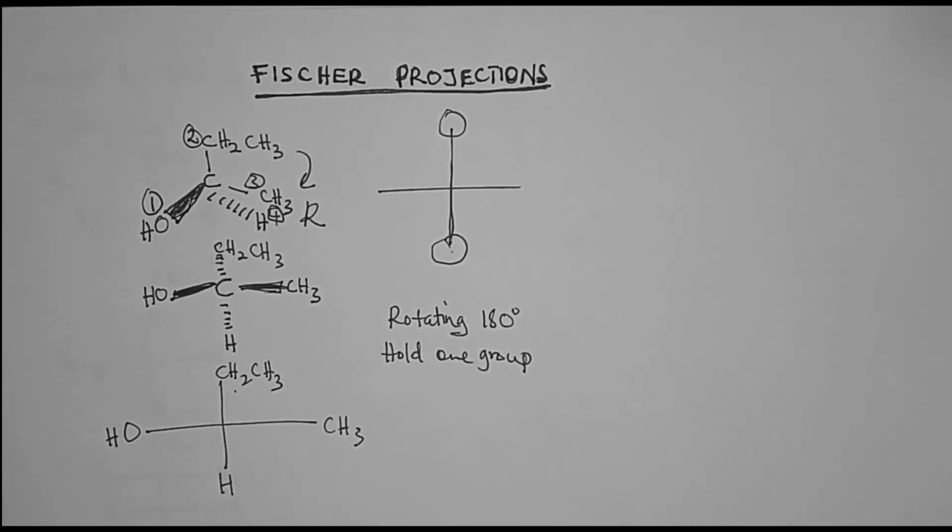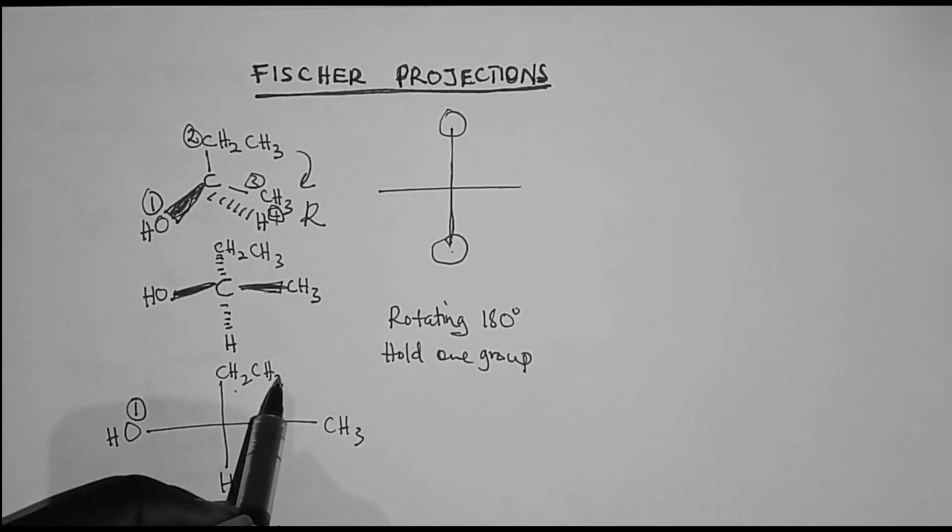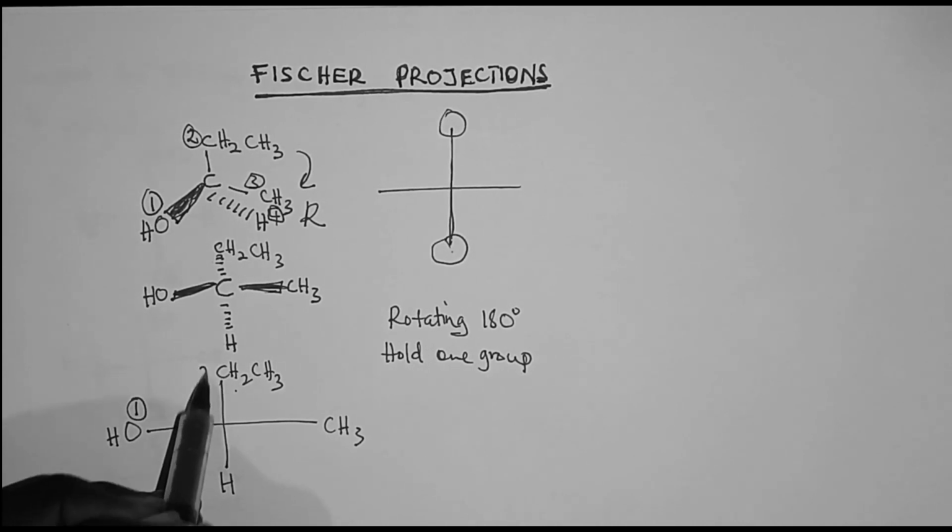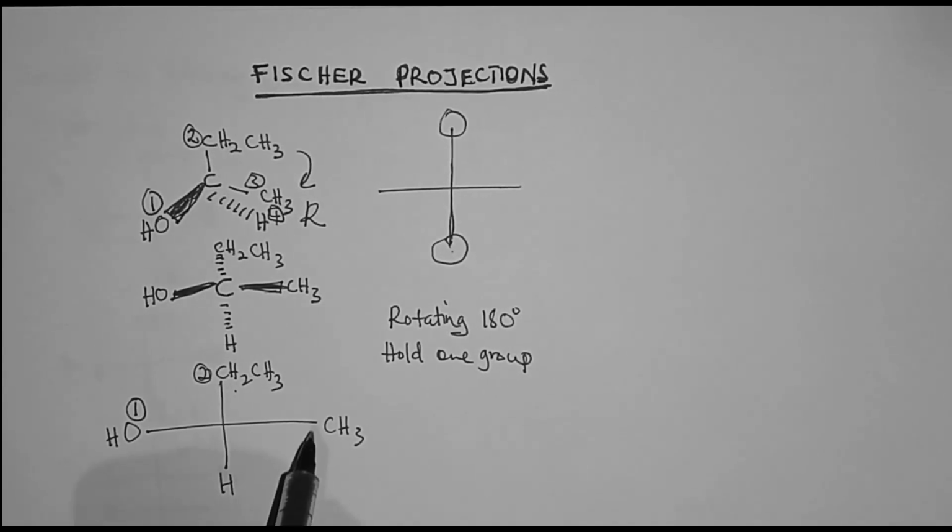Let's determine the configuration after we've drawn it in Fischer projections. Here is 1, then the ethyl group is 2, then the CH3 is 3, and then the proton is number 4.